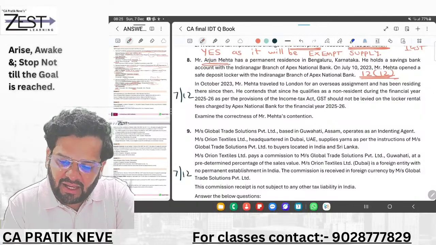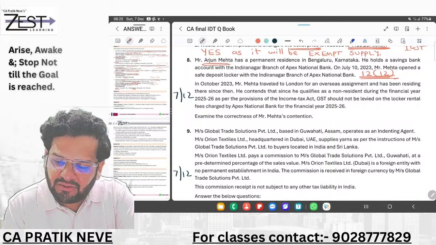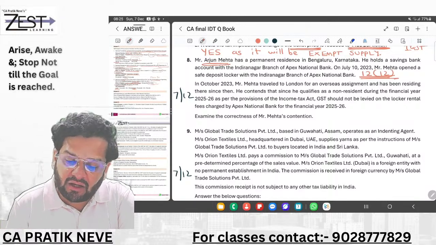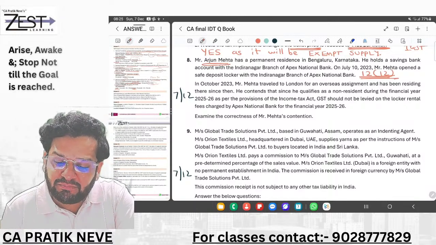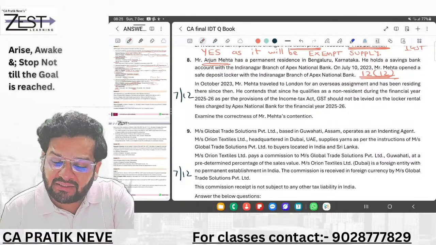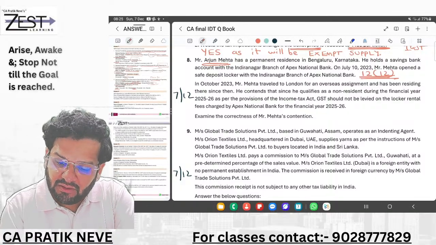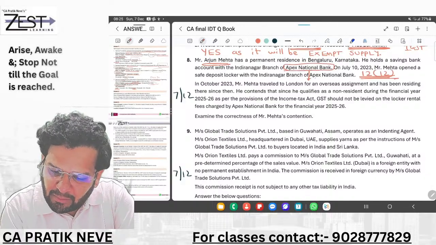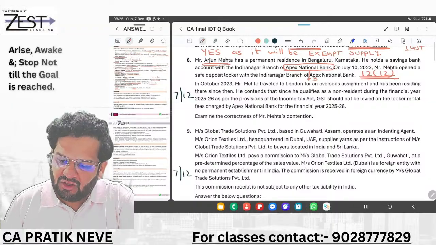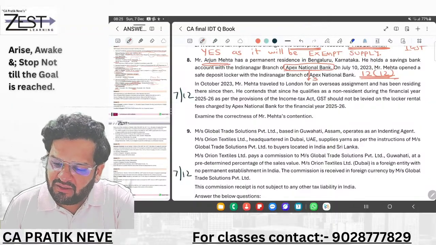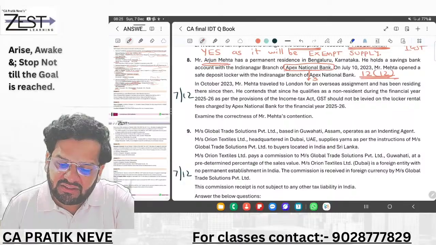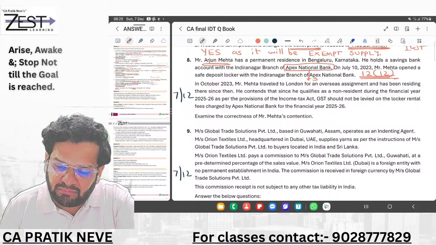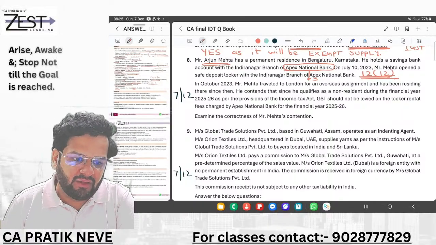Arjun Mehta has a permanent residence in Bangalore. He holds a savings bank account with Indiranagar branch of Apex National Bank. So basically, Apex National Bank is supplier of service. On July 10, 2023, Mr. Mehta opened safe deposit locker with Indiranagar branch of Apex National Bank. Now what happens?